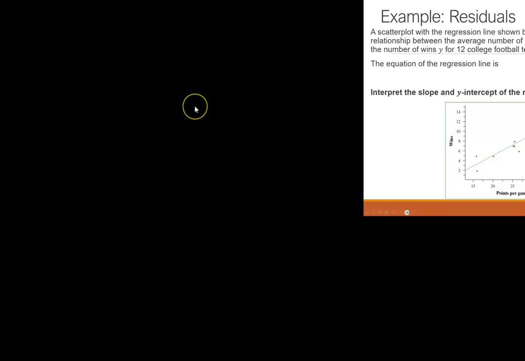So not quite. Remember, it's going to be y over x, or y per x. The y is wins. So I would say a team would win 0.437 more games per one additional point scored, or average point scored.